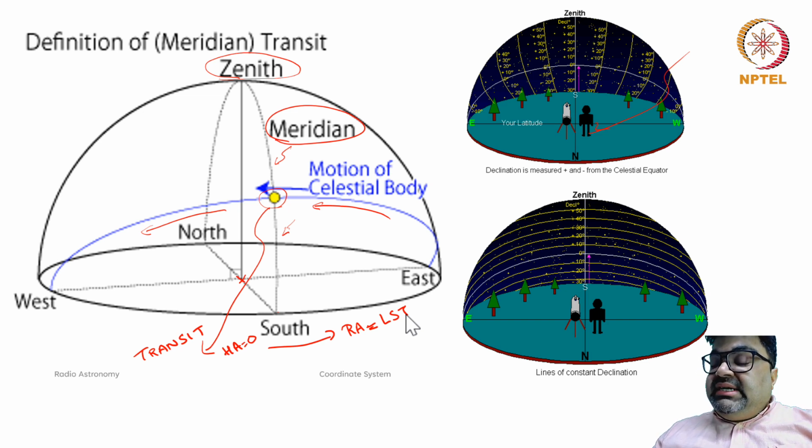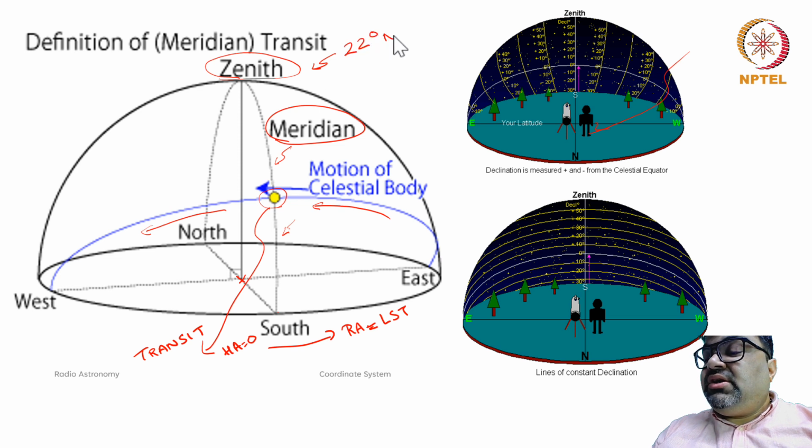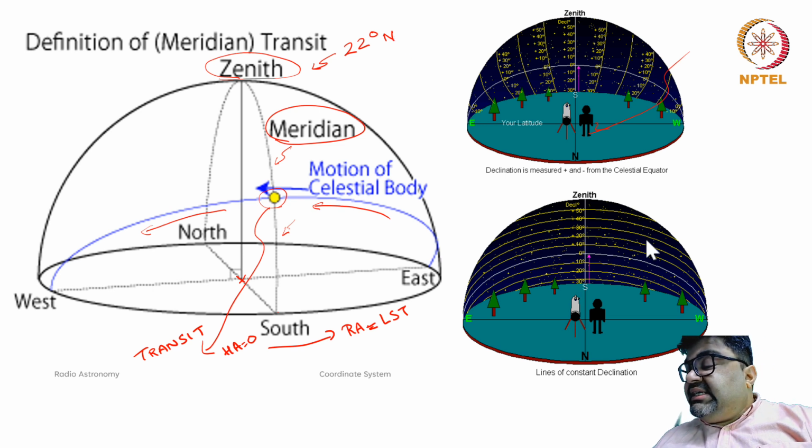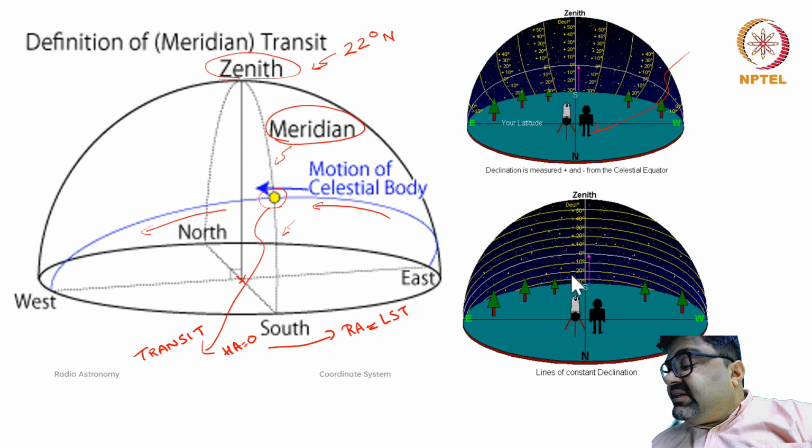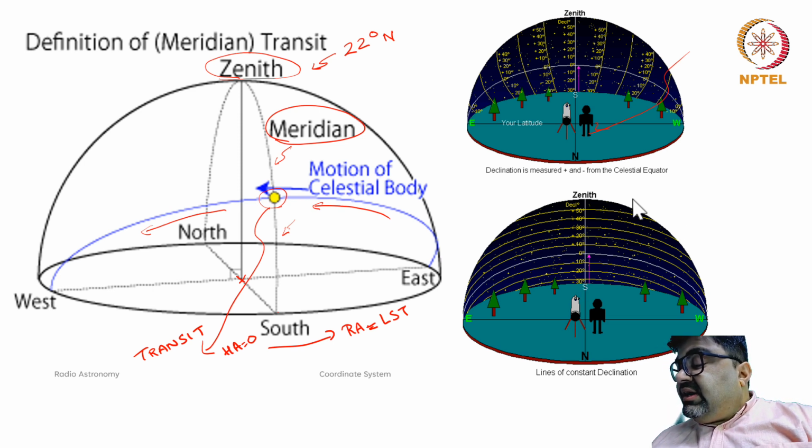So suppose we are in the northern hemisphere. Say I just take my location near Indore. It is 22 point something. I just define this as 22 degrees north. That's the zenith. So you can see this is a different thing from Canada.